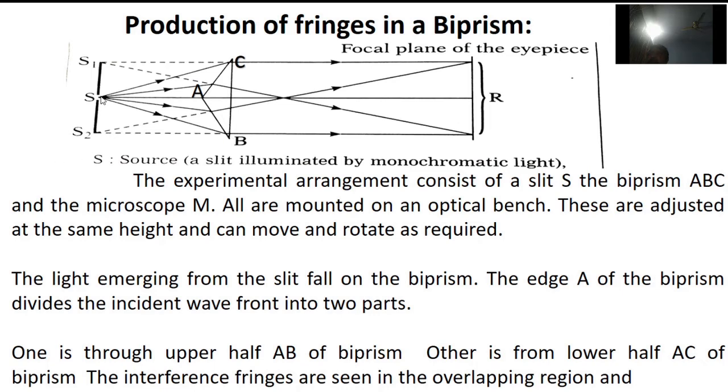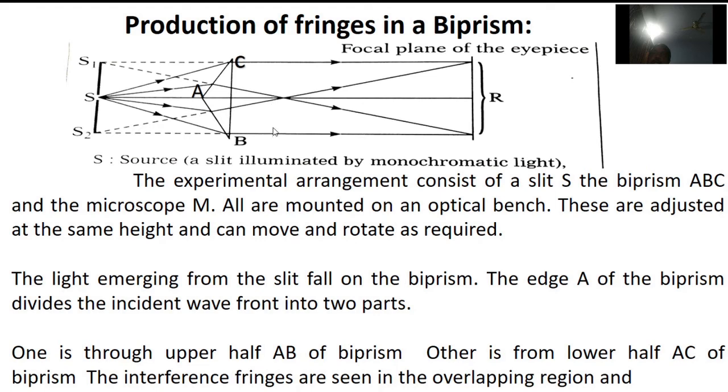When the light from the source S falls on the upper half of the prism, it bends in the downward direction. In the same way, when the light from the source S falls on the lower half of the biprism, it is bent in the upward direction. When we proceed with these two light rays in the backward direction, they meet at the point S2. In the same way, when we proceed with the other two rays in the backward direction, they meet at the point S1.